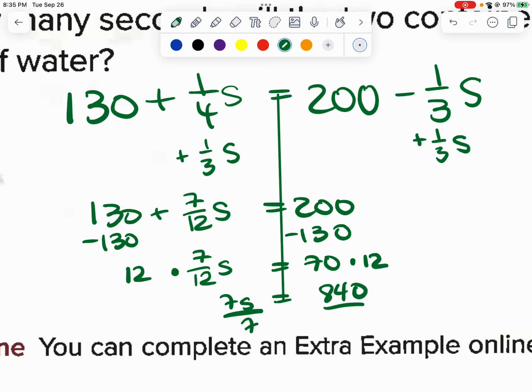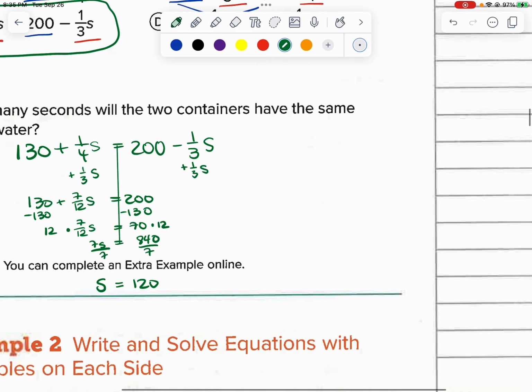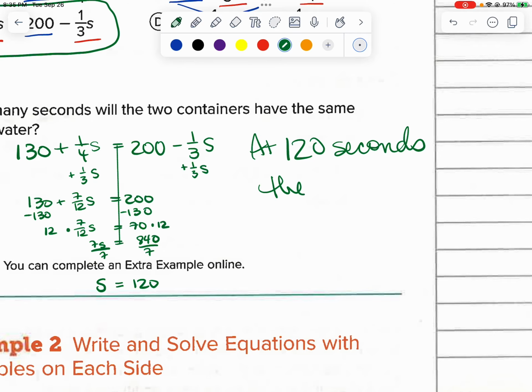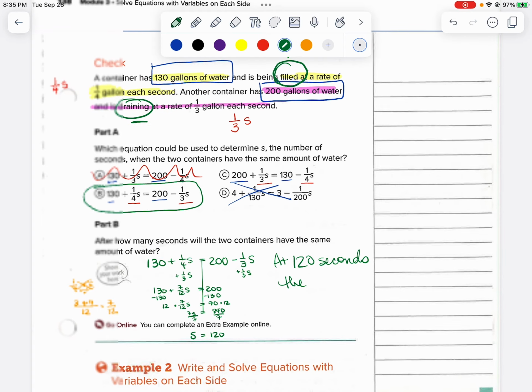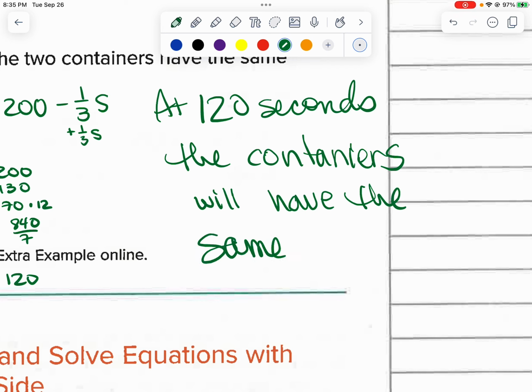Divide by 7. 7 goes into that 120 times. What does that mean? At 120 seconds, the containers will have the same amount of water.